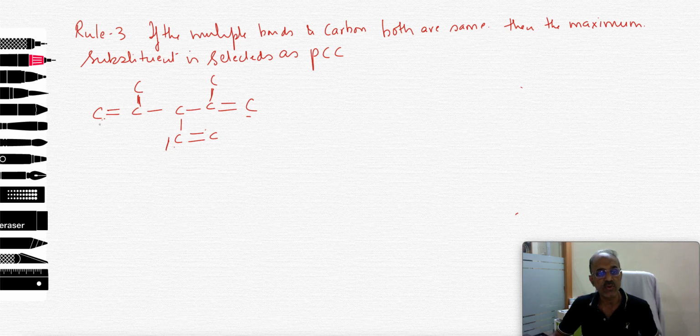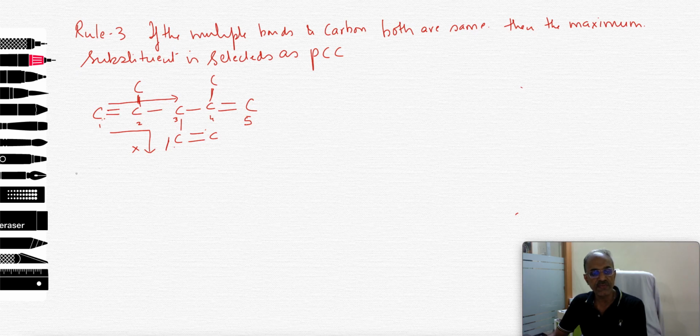Then I can go from here 1, 2, 3, 4 and 5, the straight chain. Then two substituents and two multiple bonds are there. But I will not go the other way, I will go like this, because it has two substituents.